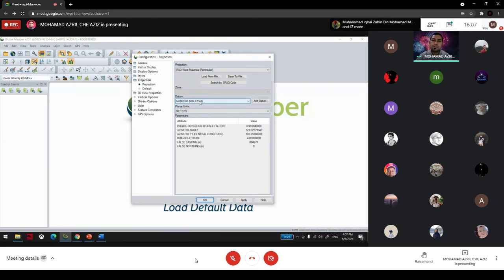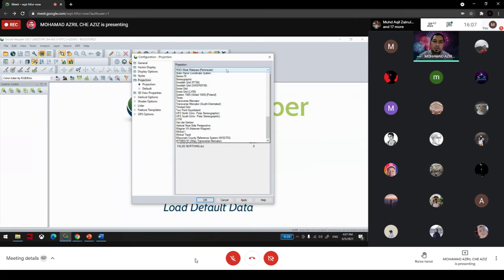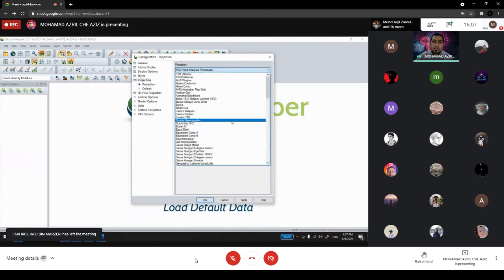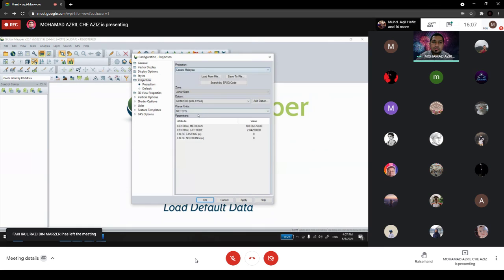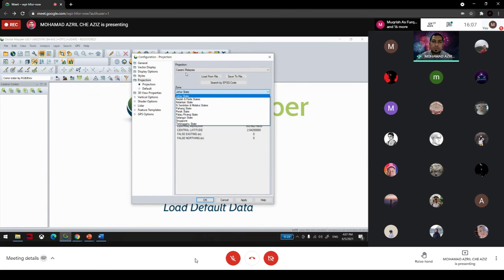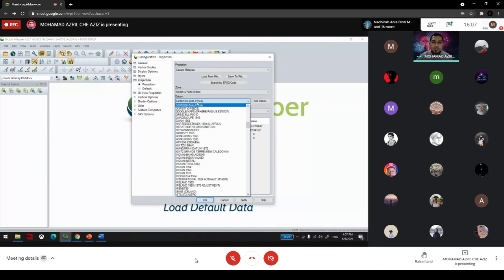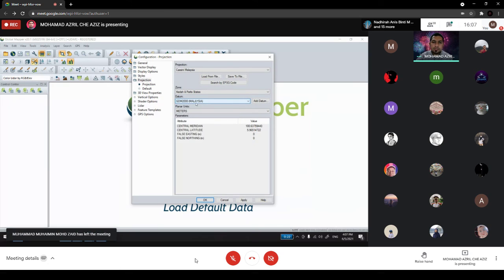For example, here Cassini Malaysia, then you choose Kedah Perlis. GDM 2000, then you apply.